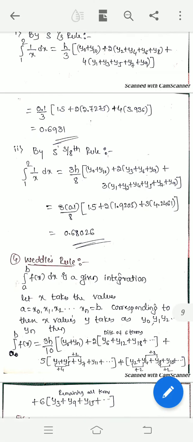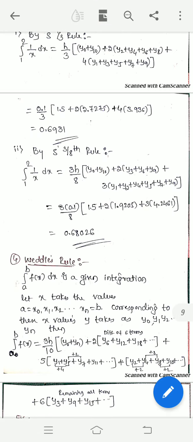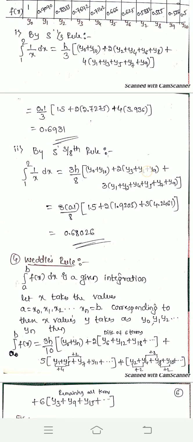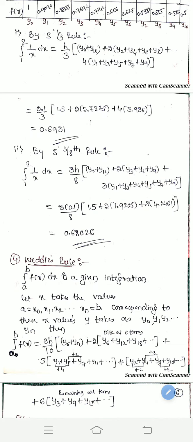By using Simpson's 3/8 rule, the given integral from 1 to 2 of 1 divided by x dx is equal to 3h by 8 into y0 plus y10 plus 2 into the multiples of 3 terms, that is 2 into y3 plus y6 plus y9, plus 3 into all the remaining terms y1 plus y2 plus y4 plus y5 plus y7 plus y8.